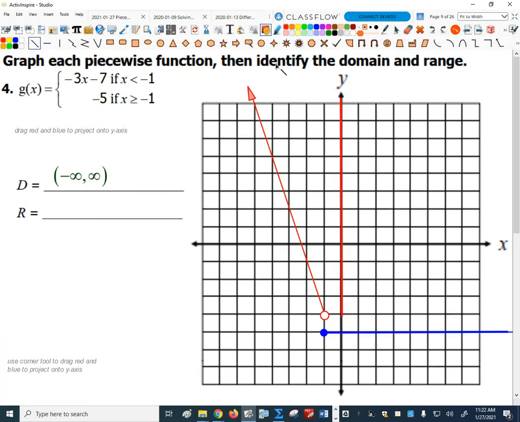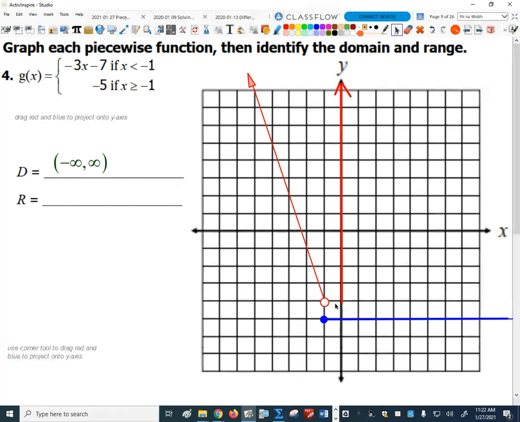So we end up with something like, it's doing that, right? It's going up forever. And it's got a lower endpoint down here at -4.